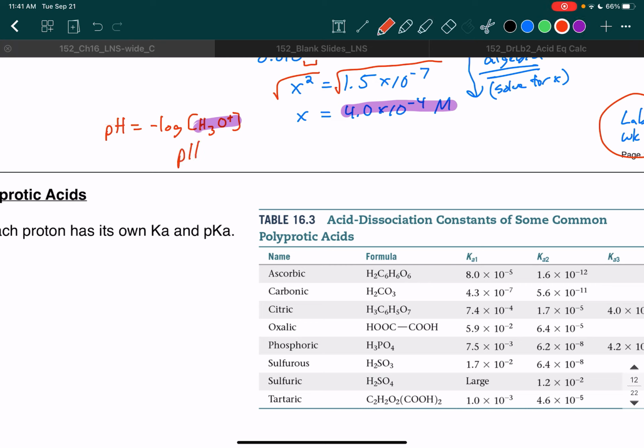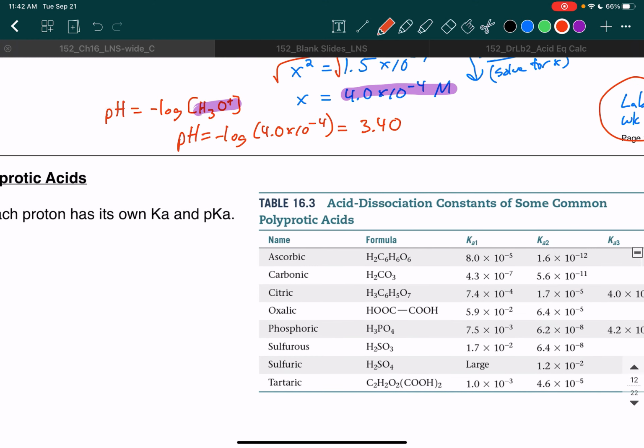So now the pH is equal to the negative log of 4.0 times 10 to the minus 4, and that is equal to 3.40. So it's a reasonably low pH for niacin at this concentration. Just remember the sig figs.